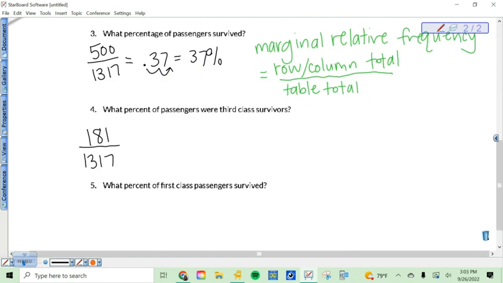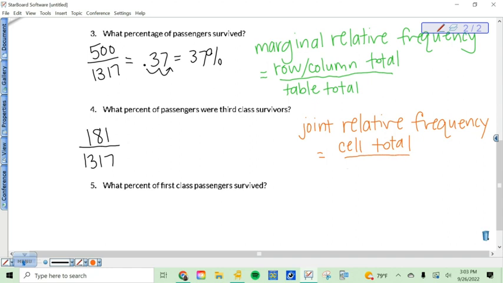So this is another relative frequency, but this one is called joint relative frequency, which is a cell total compared to the table total.